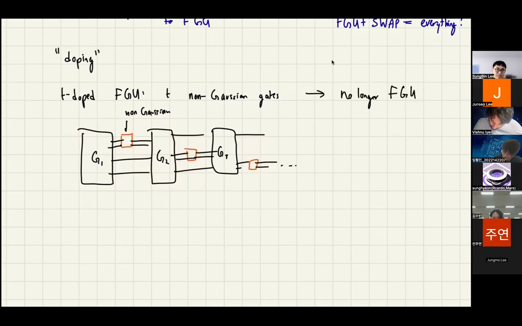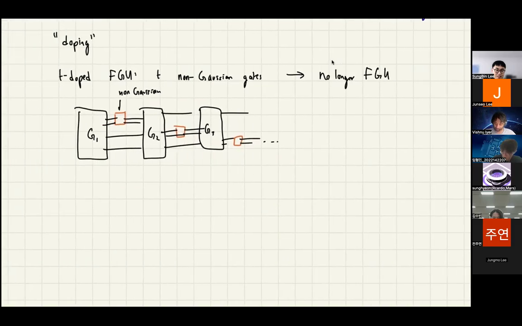These are no longer FGUs. So the question is, can we still learn these doped fermionic Gaussian unitaries? Can we learn them efficiently?